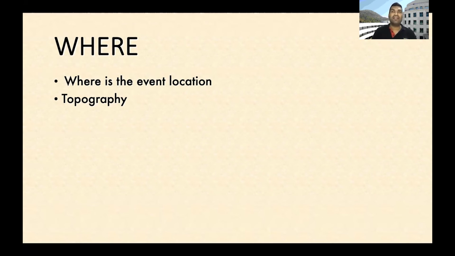So if the client gives you a location saying, I want to host an event at XYZ banquet hall in a 5-star hotel or in a convention center in this particular city, you should be enabled enough to go back, research, find out the city, find out the venue, find out the layout of the venue.